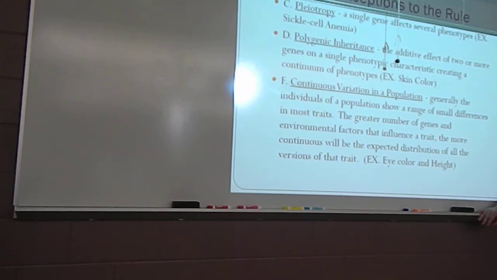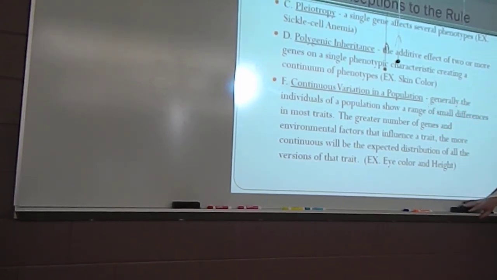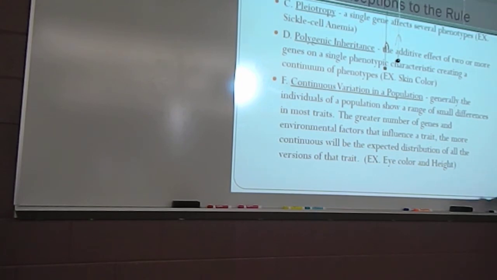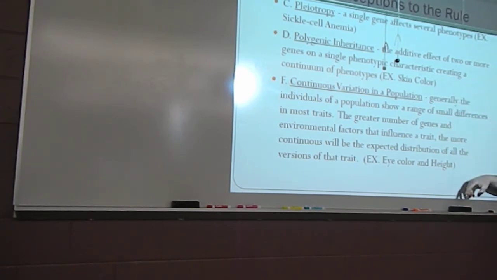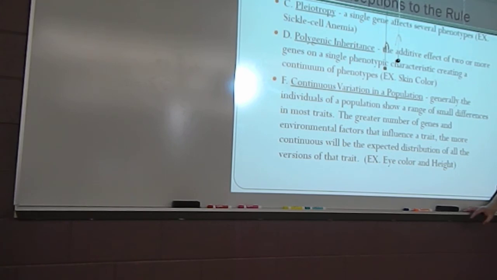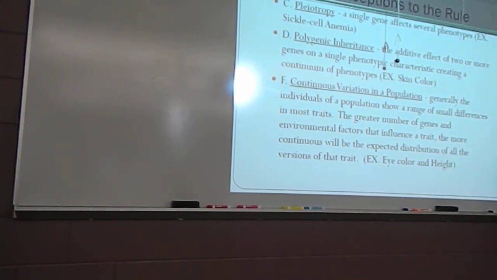And when you have several genes influencing one phenotype, you have this gradation. They call it continuous variation, but it's just a whole mix of different shades or different types within the population, because the more genes, the more environmental factors, the more continuous the variation is going to be.